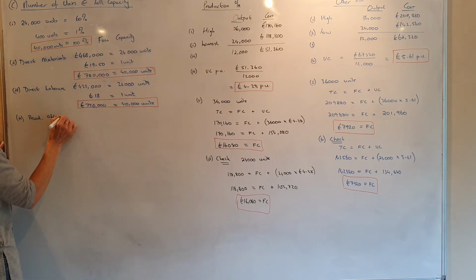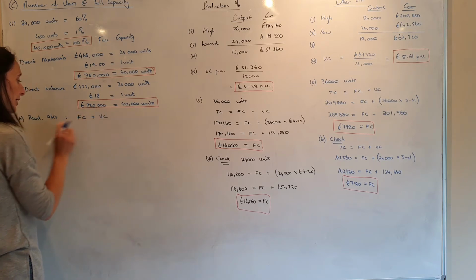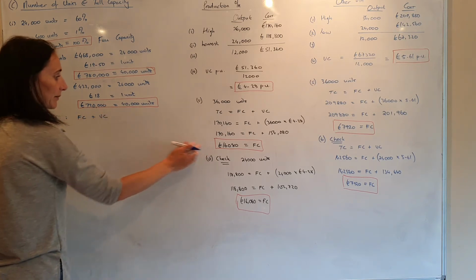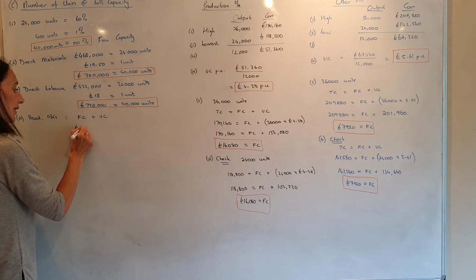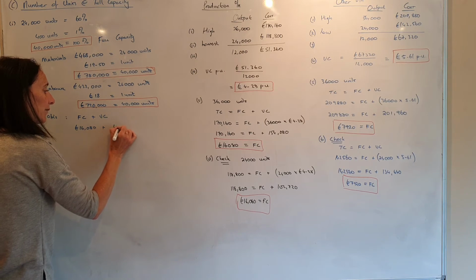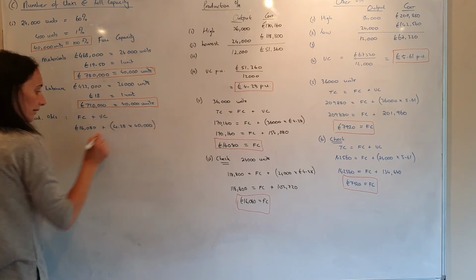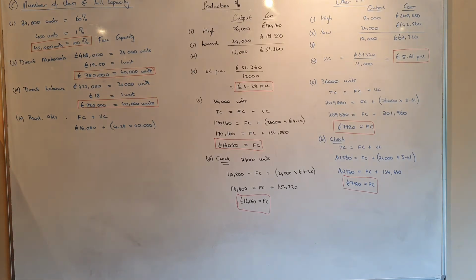Okay, so your production overheads are slightly different. They're made up of the fixed part plus the variable part. So your production overheads, the fixed part is 16,080 and the variable part is 428 by the number of units, which is 40,000. Okay, so let's work this out.